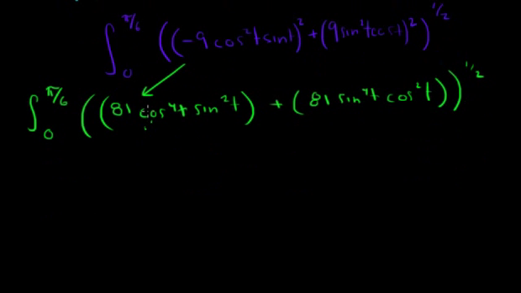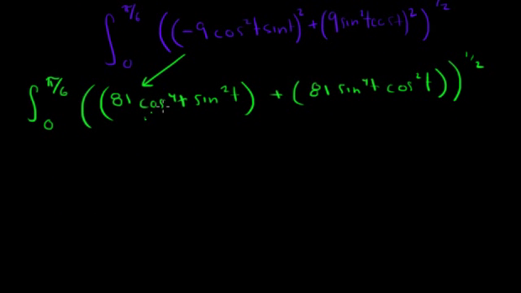And now we can start factoring out things. We can factor out an 81. We can factor out a cosine squared, because there's a cosine squared in both of these terms. And we can also factor out a sine squared, because there's a sine squared in both these terms.